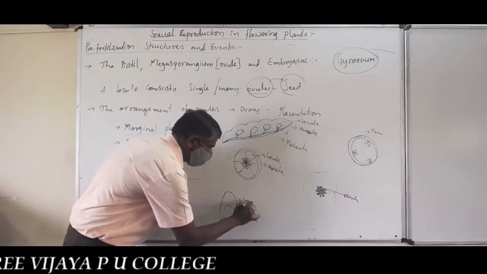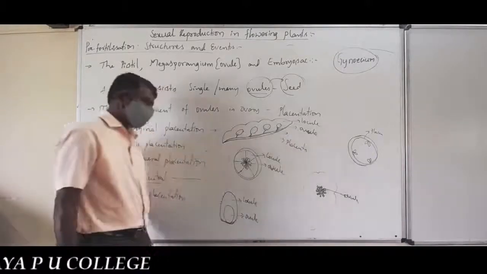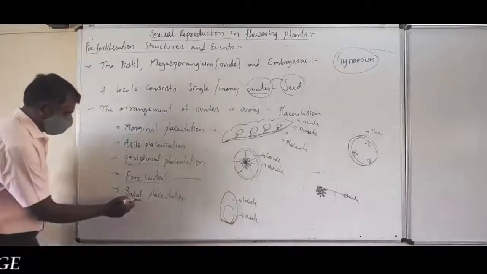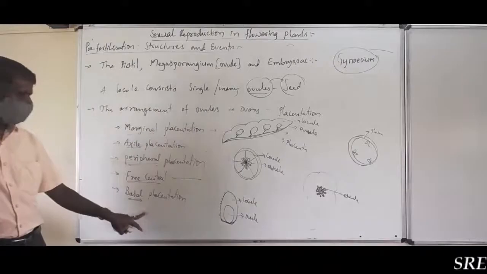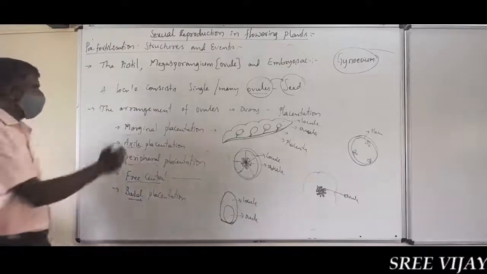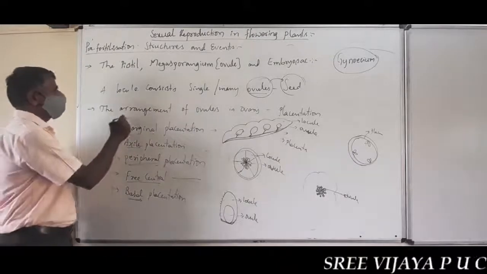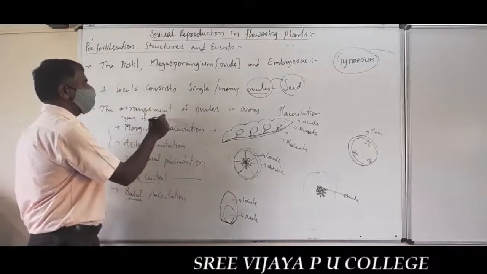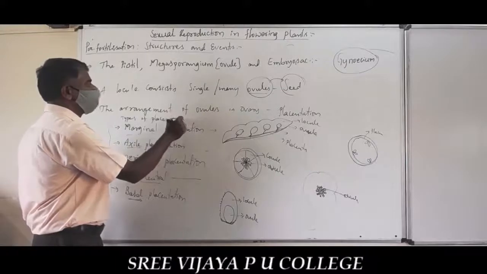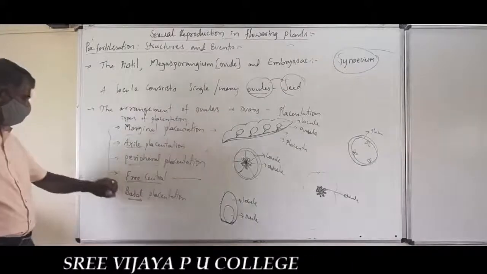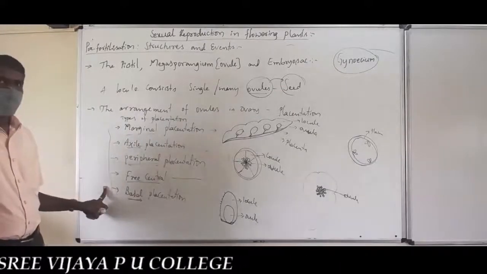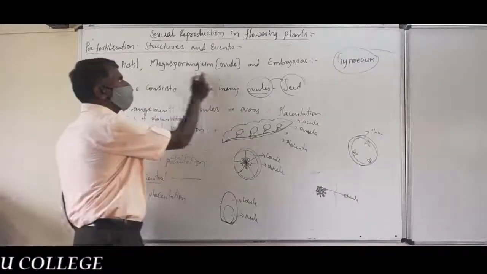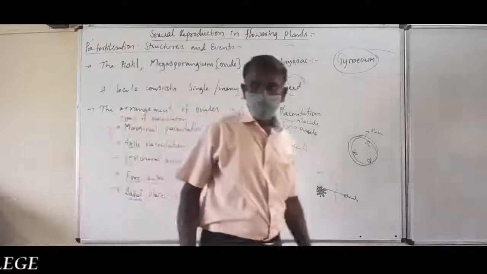It consists of a single locule, where the ovule is attached to the base of the fruit. These are the different types of placentation, which we already discussed in previous classes. In the next class we will discuss the megasporangium and embryo sac.